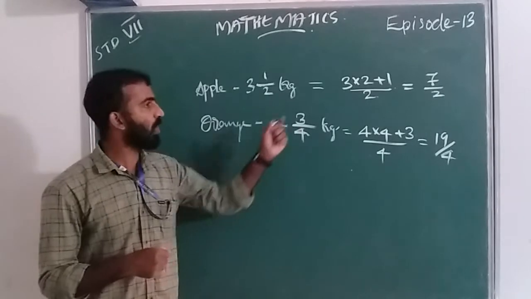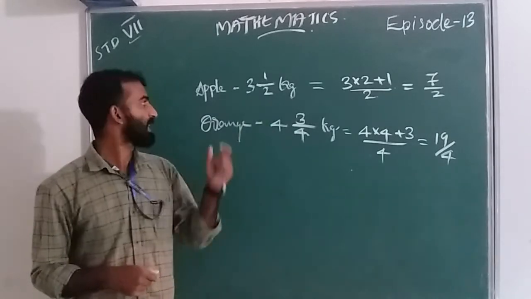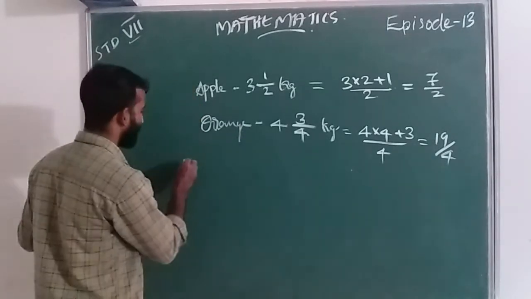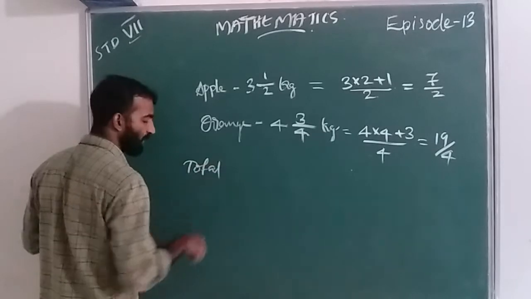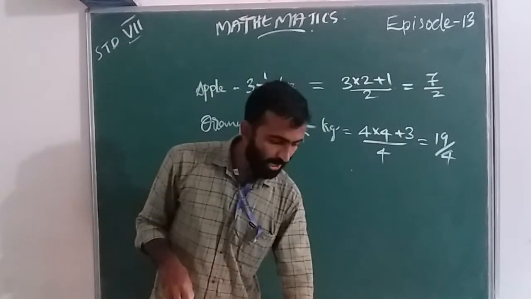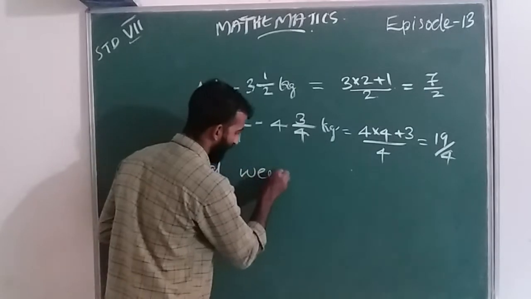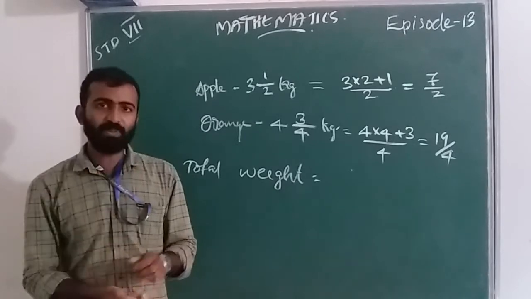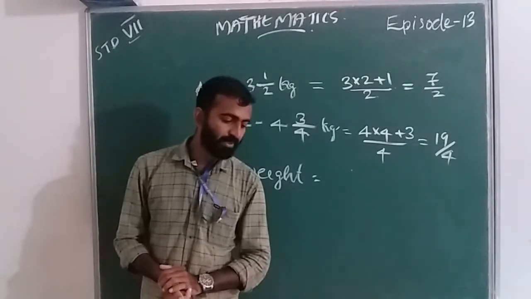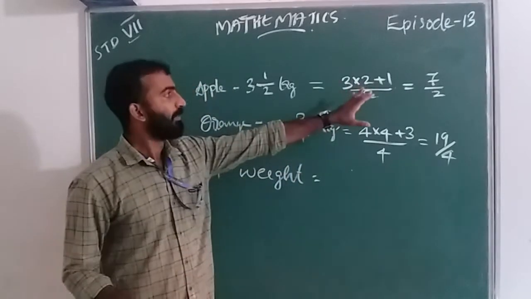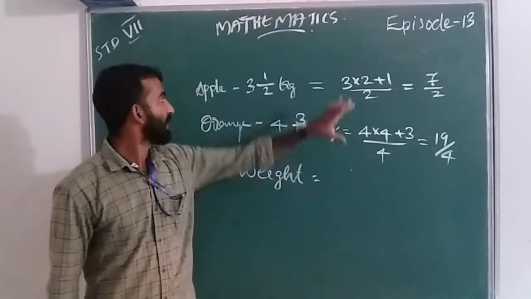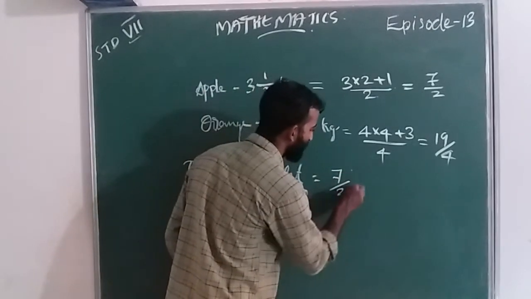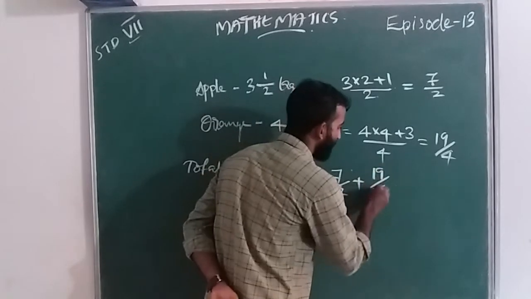We want to find the total weight of the apples and oranges Samira purchased together. The total weight is the sum of these kilos, apple and orange, that is 7 by 2 plus 19 by 4.